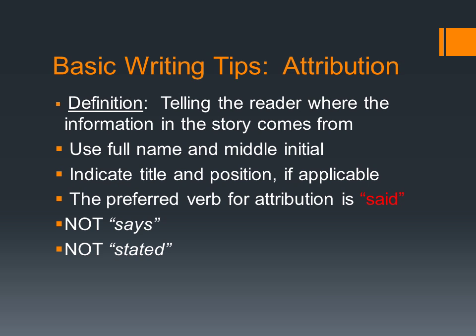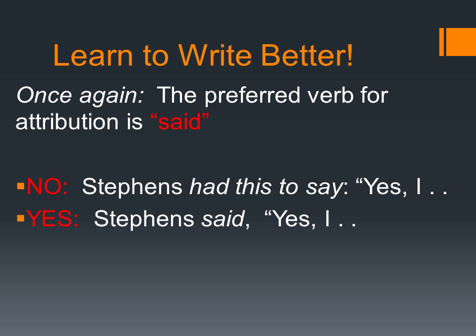If this person has a title and position that is relevant to the story, then we need to indicate that, and understand that in journalistic writing, we try not to vary too much from the standard attribution verb of indicating that someone said something. Not that we say the fire chief says this happened, or the fire chief stated that this is what occurred. No, keep it simple and use the word said.